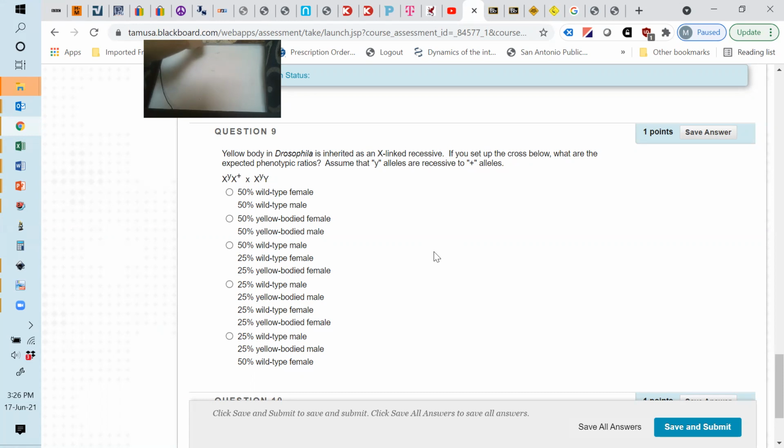Okay, so we have our heterozygous female, and we have our hemizygous male. As always, you work out what gametes these individuals can produce.